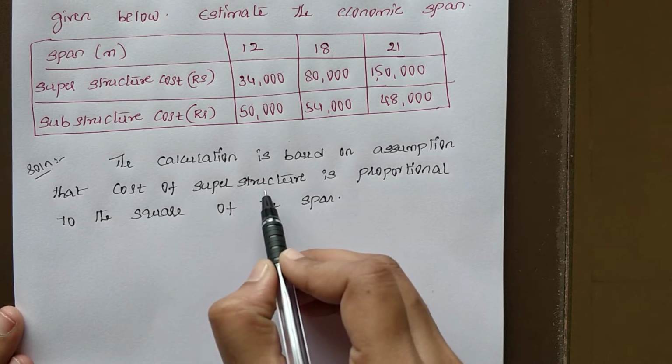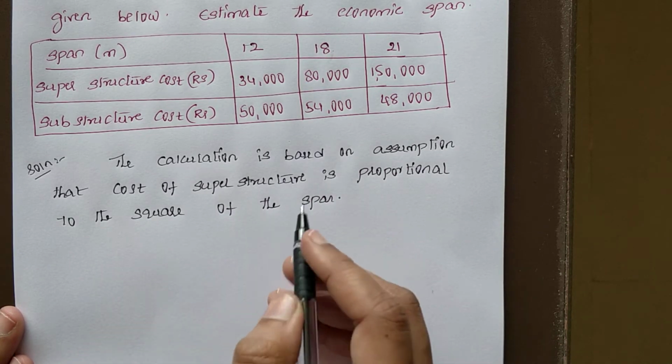That is, the cost of superstructure is proportional to the square of the span.